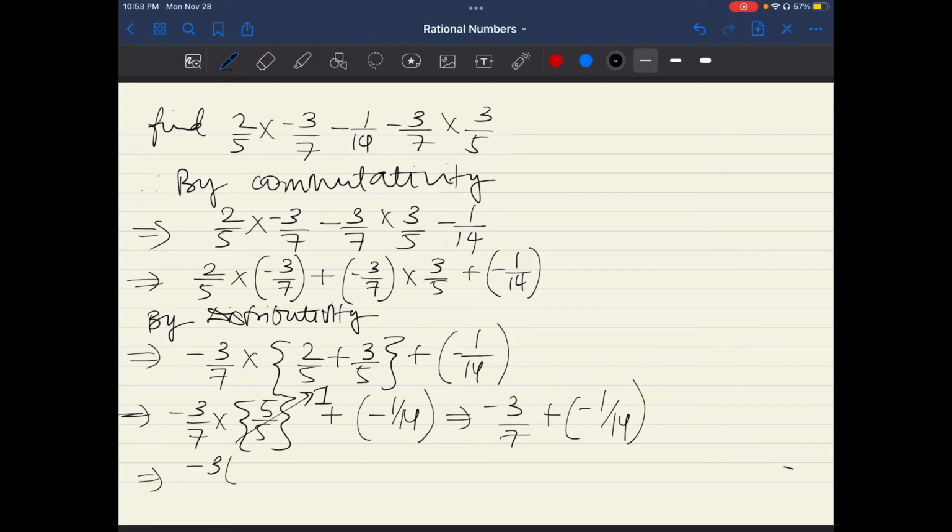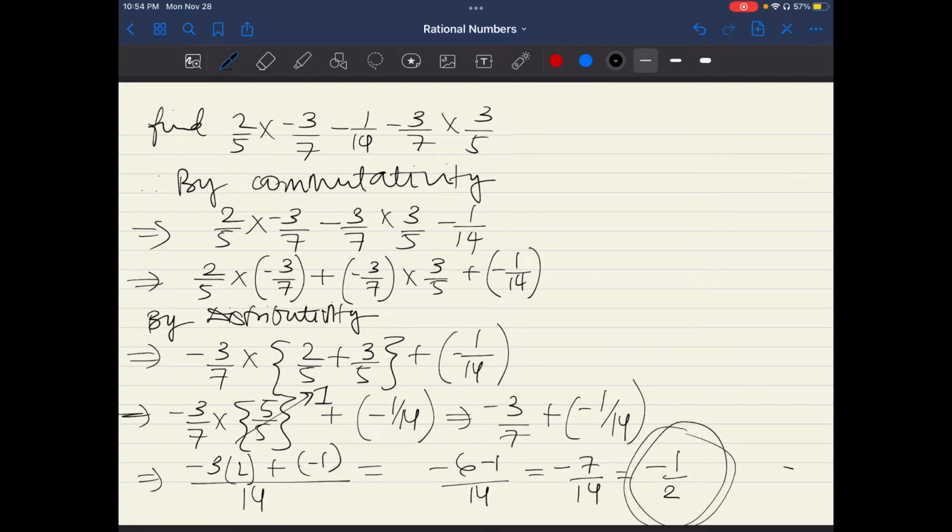So minus 3 times 2 plus minus 1 over 14, which is minus 6 minus 1 over 14, which is minus 7 over 14, which is minus 1/2. Therefore, the solution to this equation is actually minus 1 over 2.